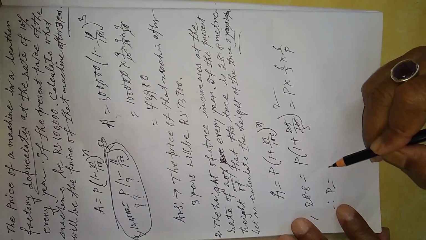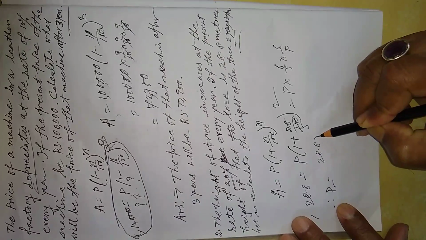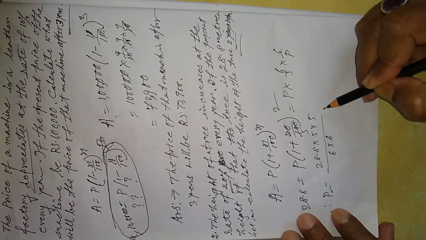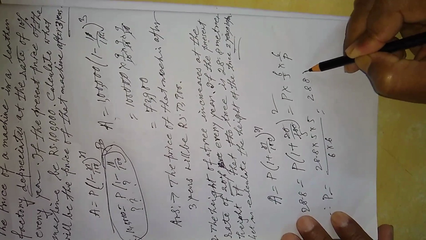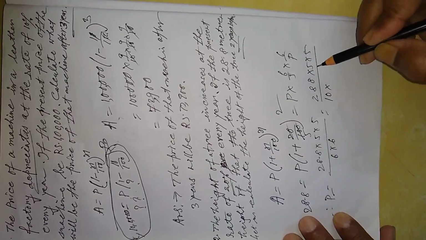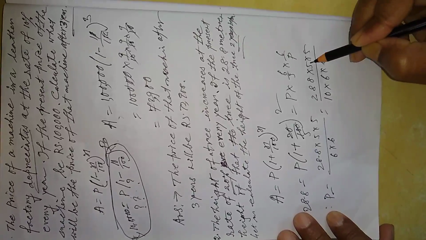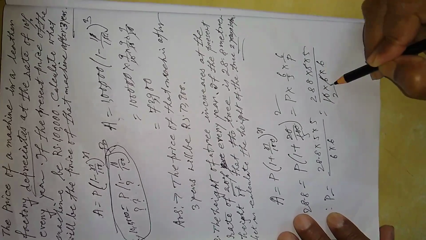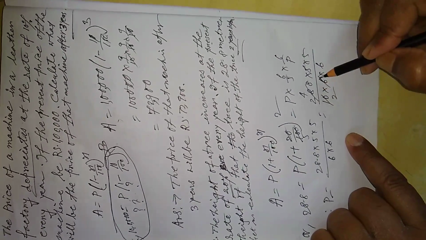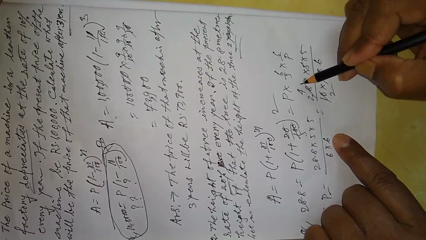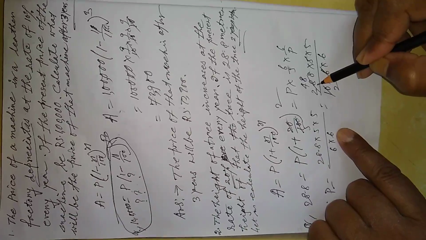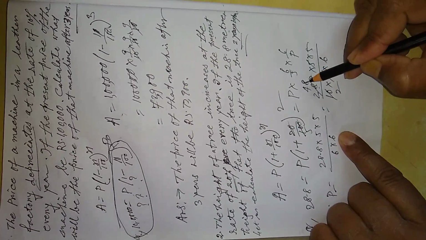Therefore, P is equal to 28.8 into 5 into 5 by 6 into 6. Omitting the decimal, 28.8 into 5 into 5 divided by 10 into 10, that is for the decimal, and 6 into 6. 6 into 4 is 24, 6 into 8 is 48.